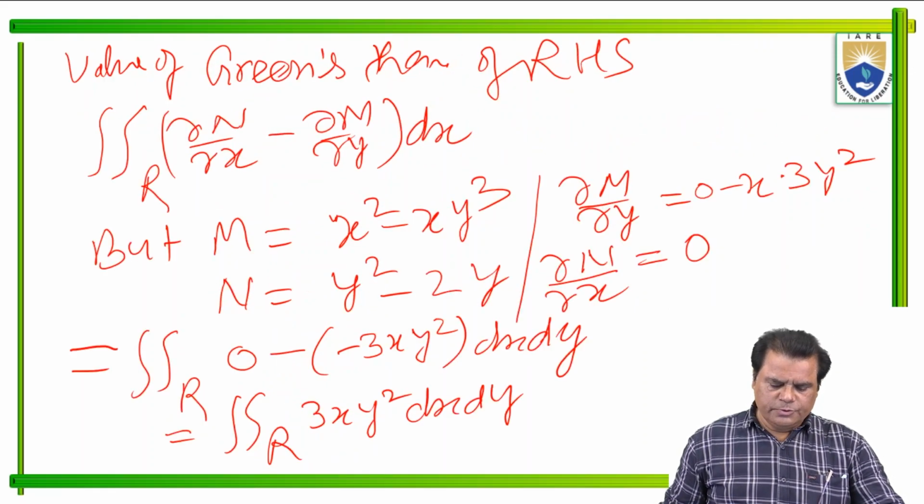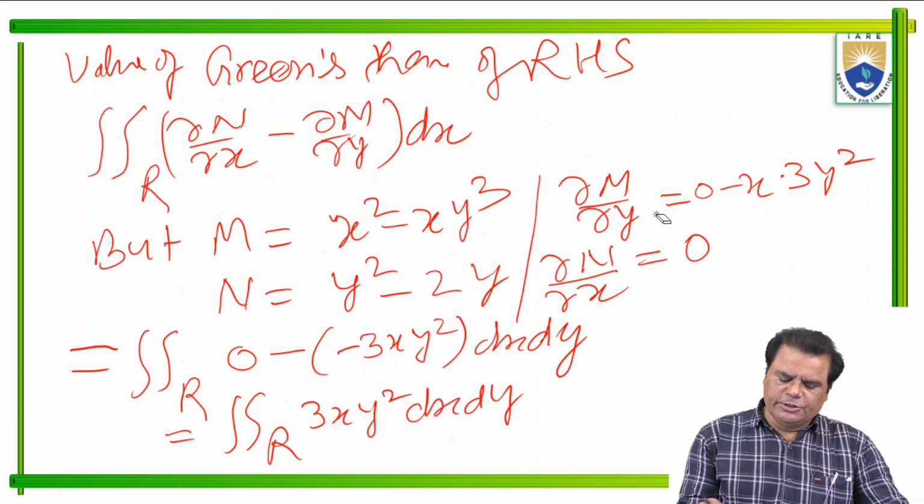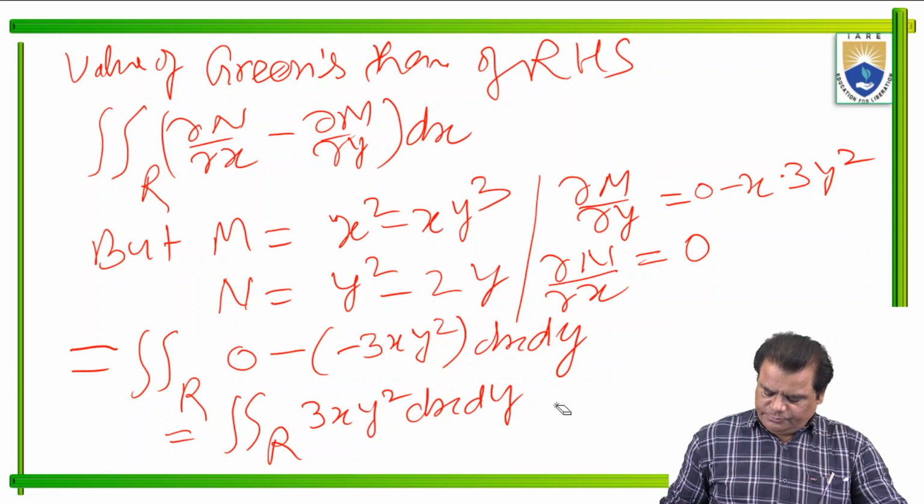Now the integral of this: ∂M/∂y equals the differential with respect to y, which means 3xy square, and the differentiation of N with respect to x means 0. So minus 3xy square dx dy.